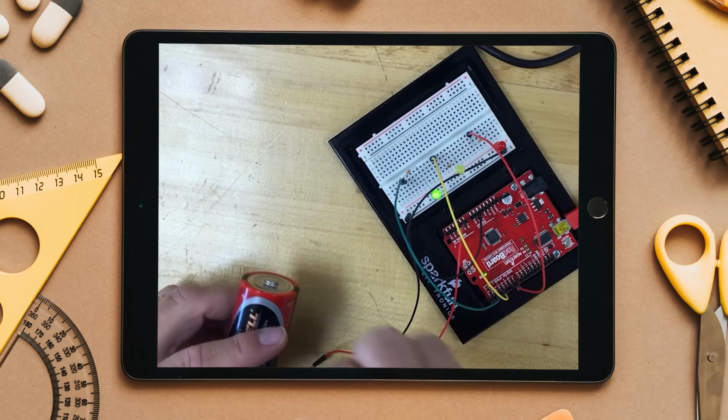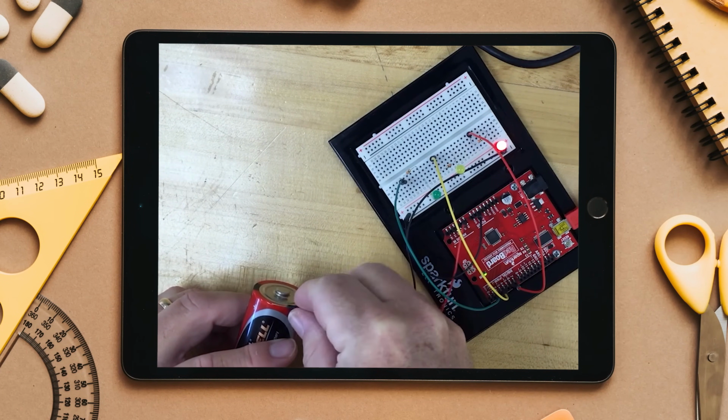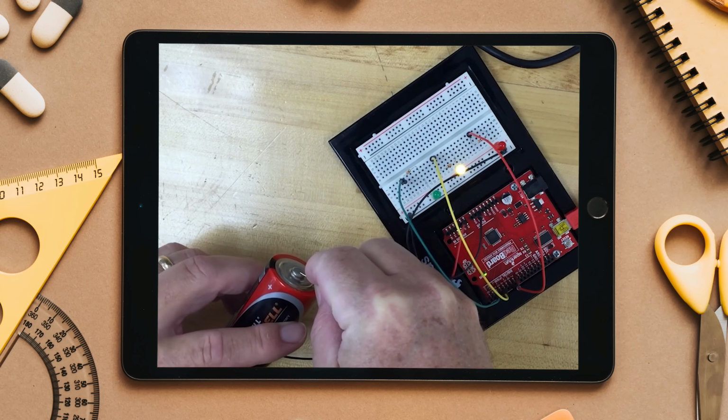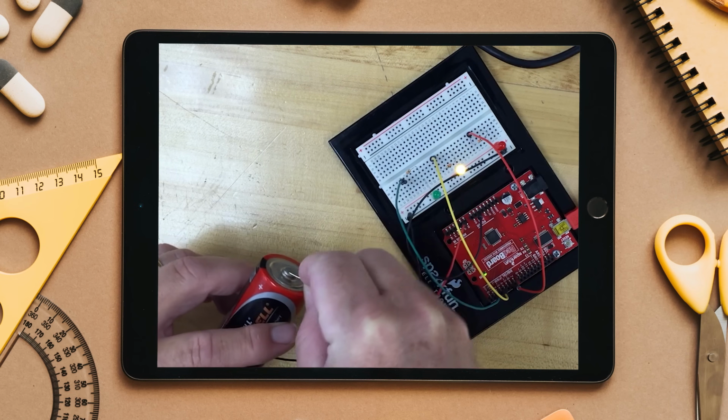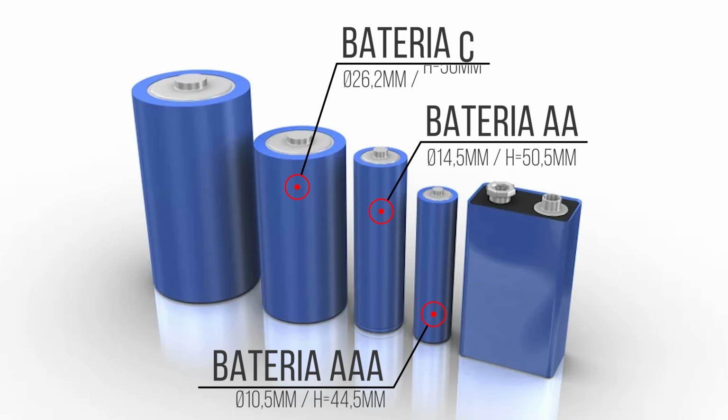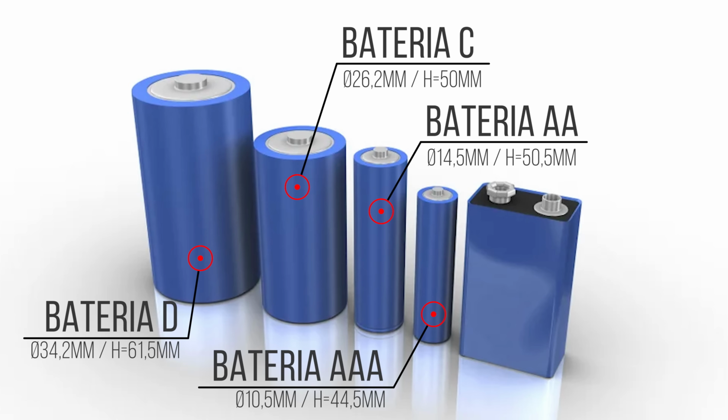Well, here's an interesting part of the story. When the battery naming system was created, there were already large batteries in use, so they were given completely different letters, named C and D. The C battery is about 26.2 millimeters in diameter and 50 millimeters in height, while the D battery is the largest of the common cylindrical batteries, with about 34.2 millimeters in diameter and 61.5 millimeters in height.